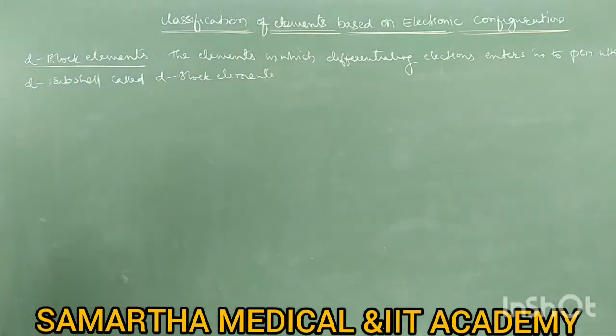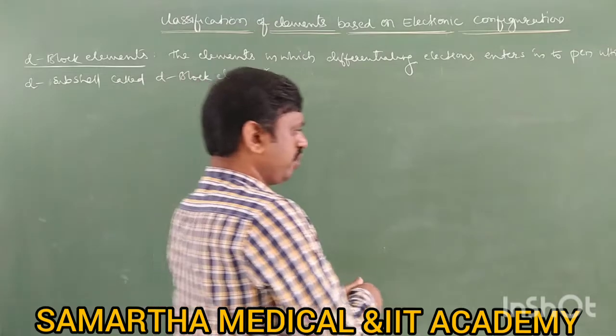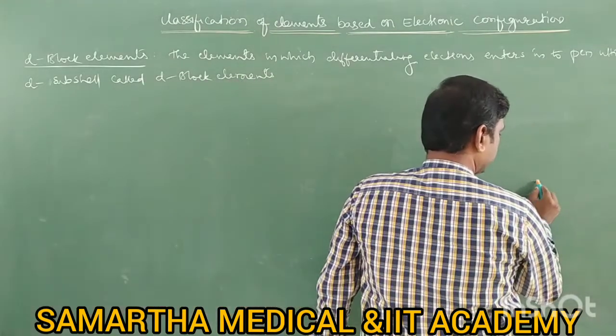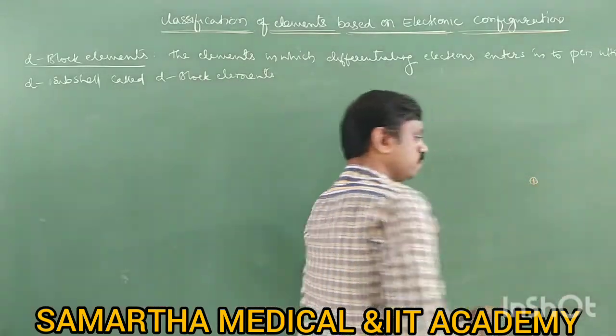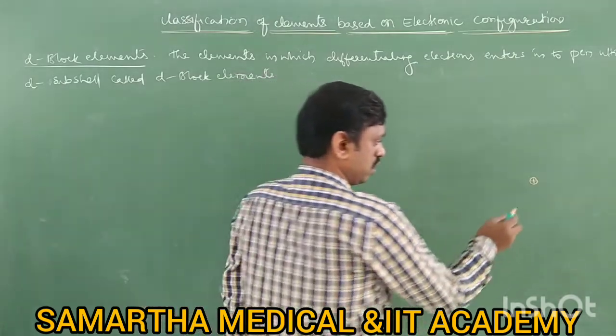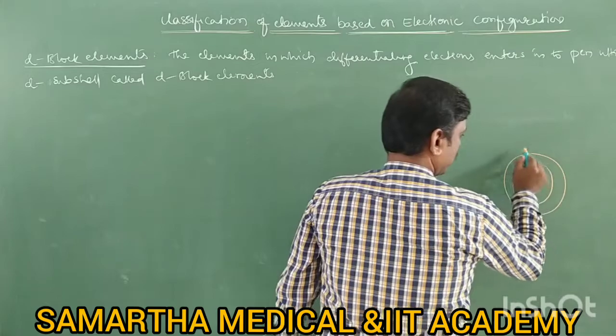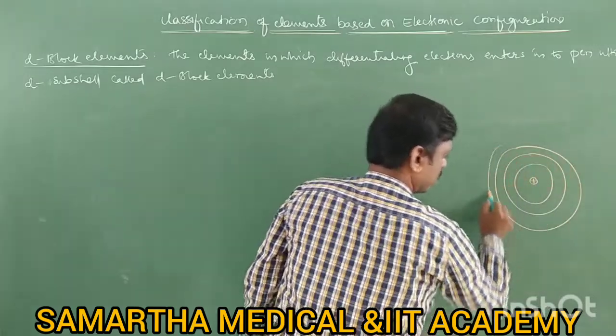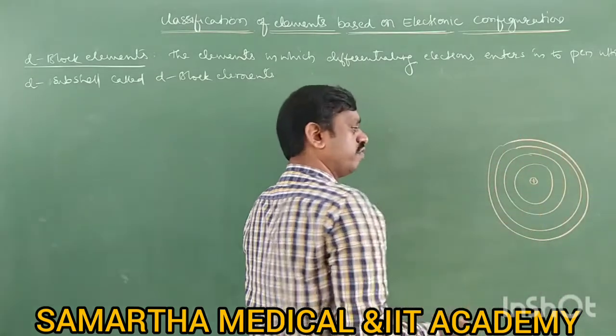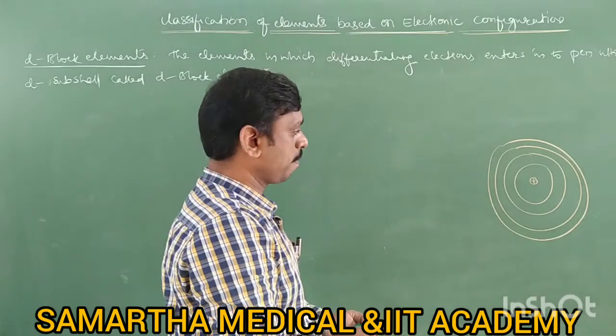Right. What is the meaning of penultimate d subshell? Students, we have studied that an atom has spherical shape. It has a nucleus, and first orbit, second orbit, third orbit, and so on, a number of orbits or shells.